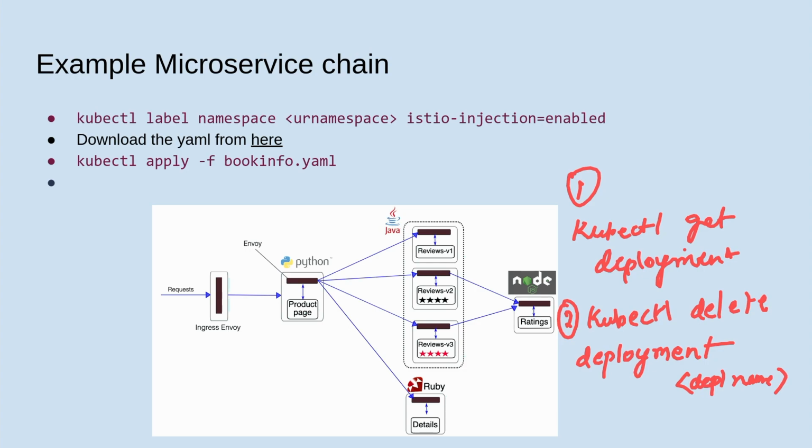But this is just an example for us to use, and you can go and see how microservices and microservice chains are created, and how services are created for these microservices as well. If you open the book info environment, you'll see multiple objects being created for your microservice chain.